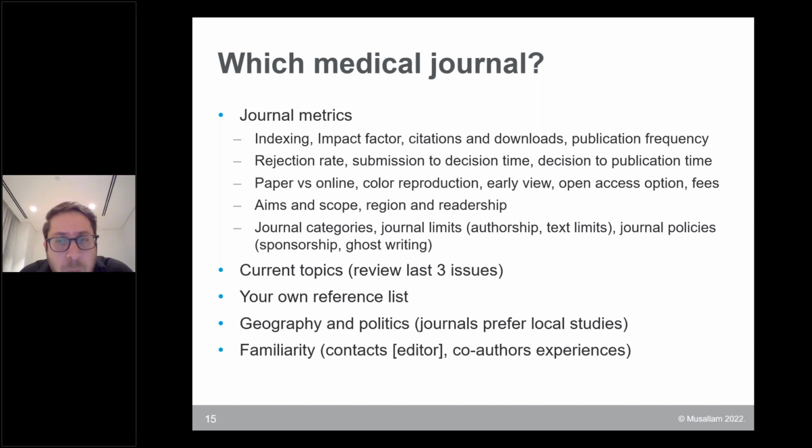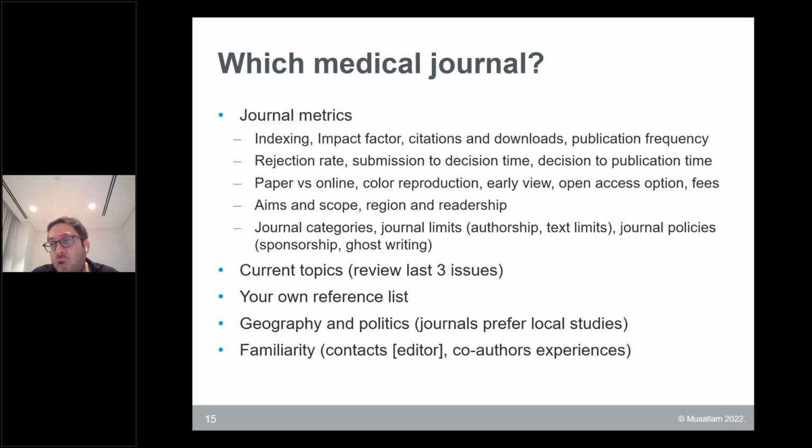It's easier. I also obviously look at all of the other things that I mentioned. If they have the journal category I'm interested in, so if I'm submitting a case report, I obviously need a journal that accepts case reports. They tell you that in their guidelines. And the aims and scope are very important.